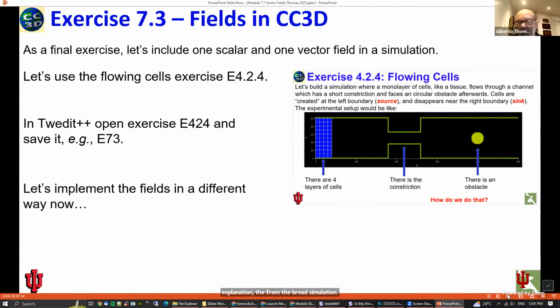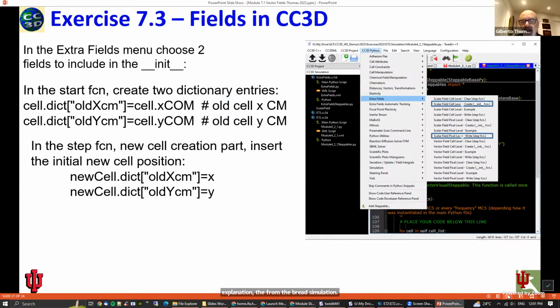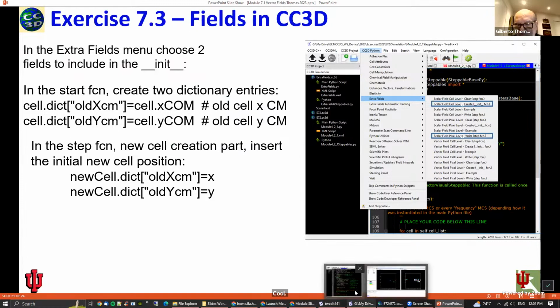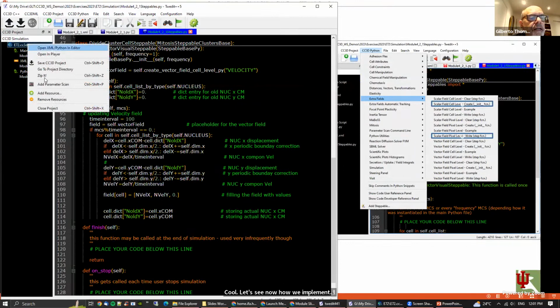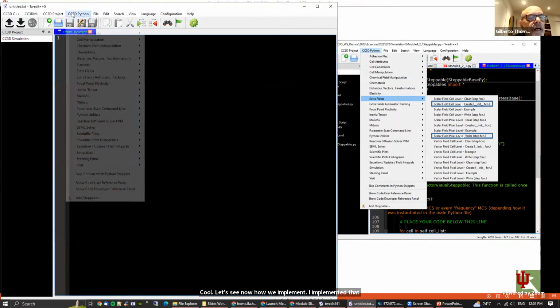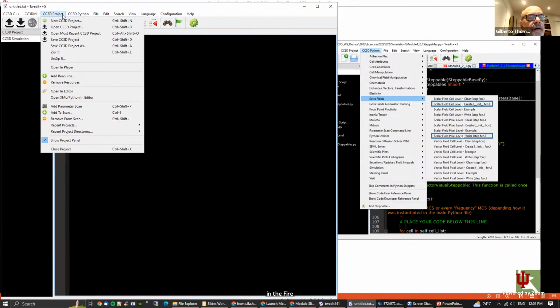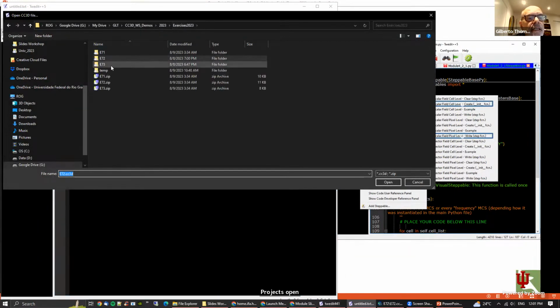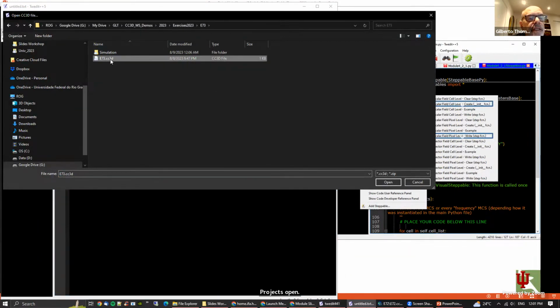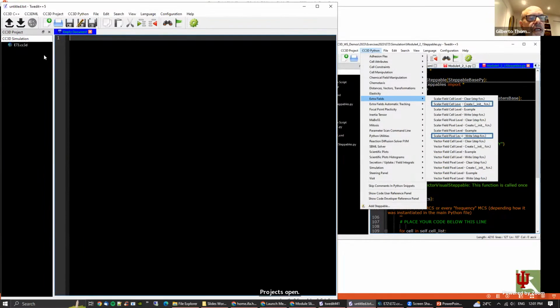So let's see now how I implement that in the file. Projects, open, exercise 7.3. Here.